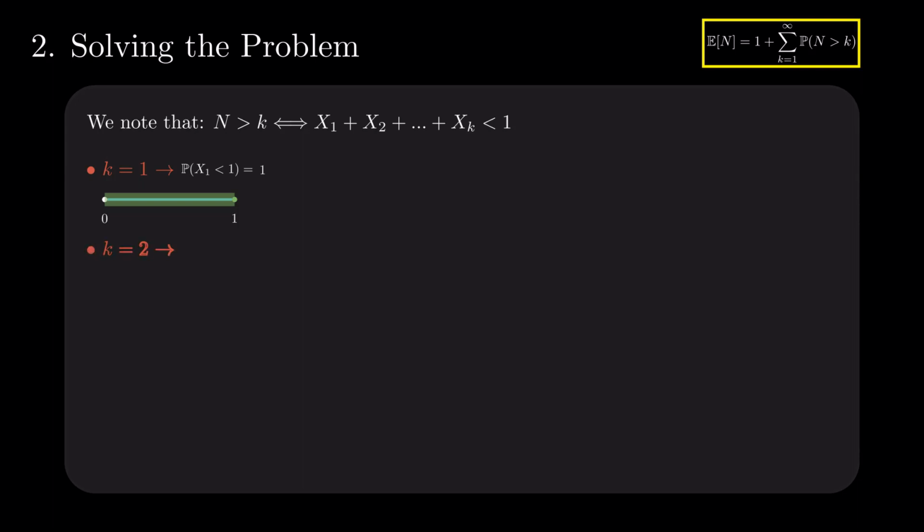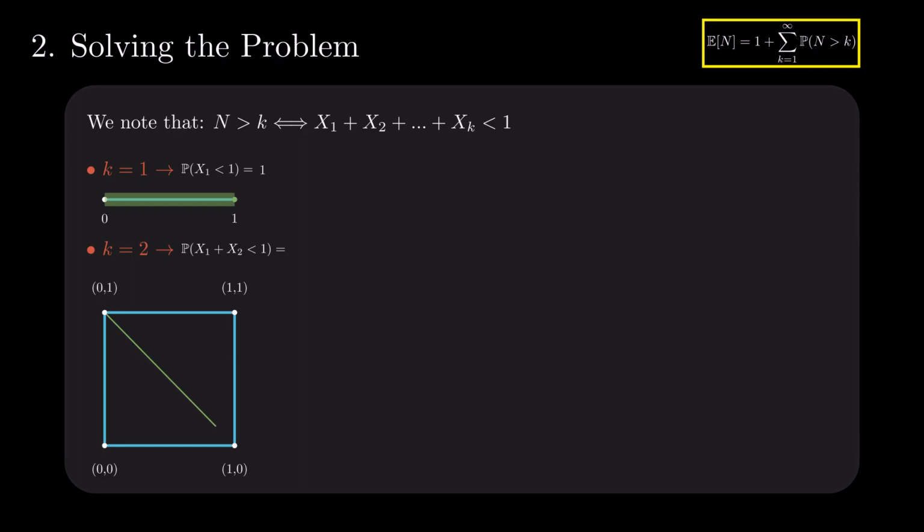For k equals 2, things look as follows. The square represents the space of all pairs of points x1, x2, and the triangle is where the sum is less than 1. Naturally, the probability is 1 divided by 2. One last easy-to-draw case is in 3D.